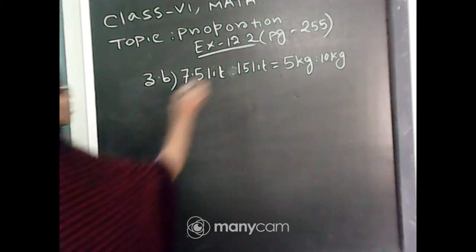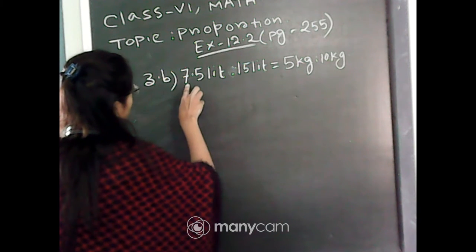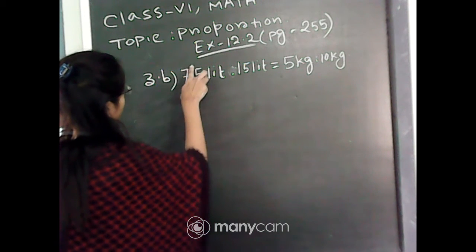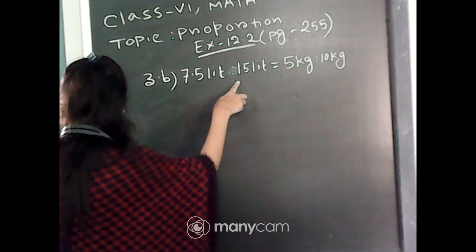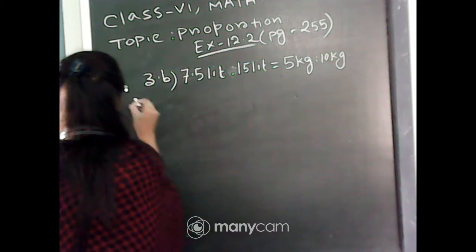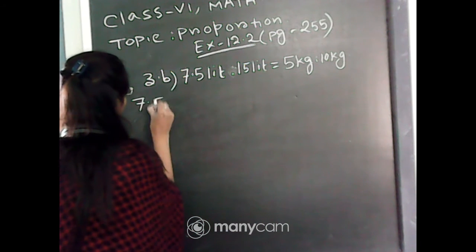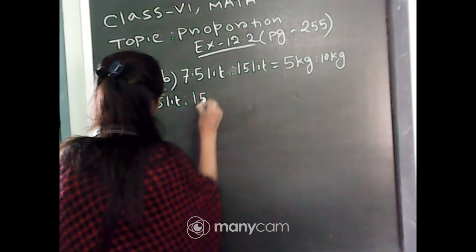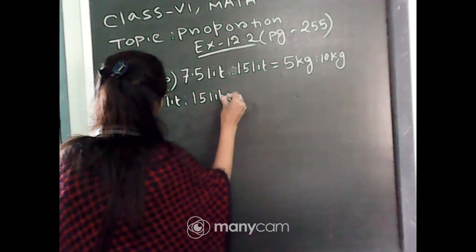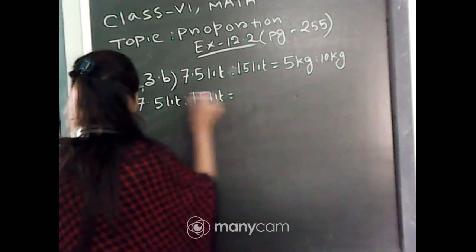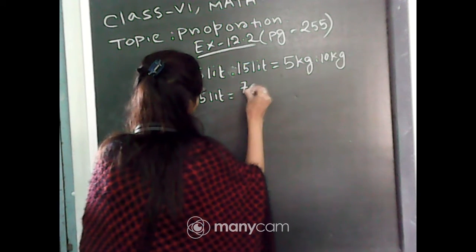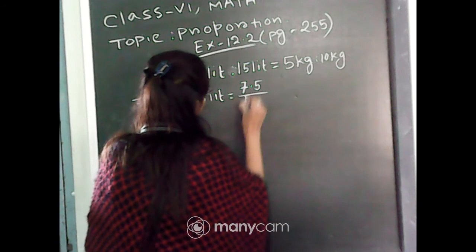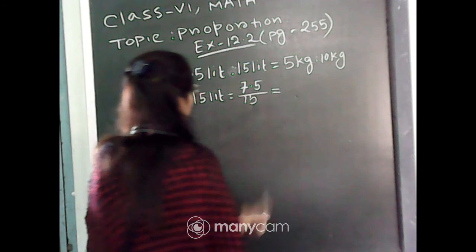For this, we first find the ratio of 7.5 liters and 15 liters. Now, 7.5 liter is to 15 liter is equal to 7.5 divided by 15.